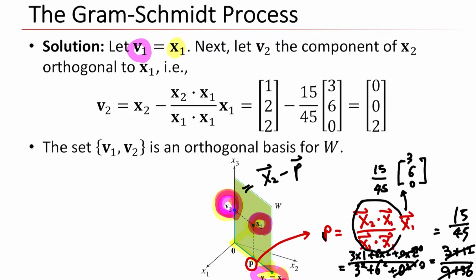So finally it is defined something like this. Because v2 is equal to x2 minus P, here, okay? So x2 is something like this, and P is something like this, right? Then finally, if you compute this, the final v2 is equal to (0, 0, 2). Okay, so this is the definition of v2.